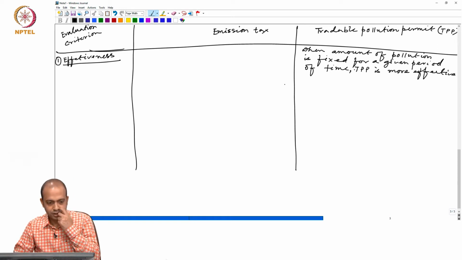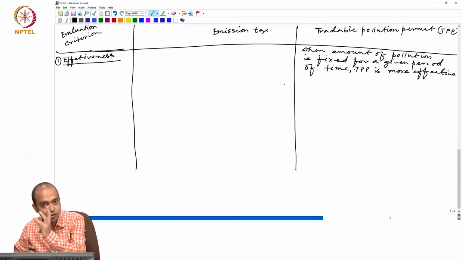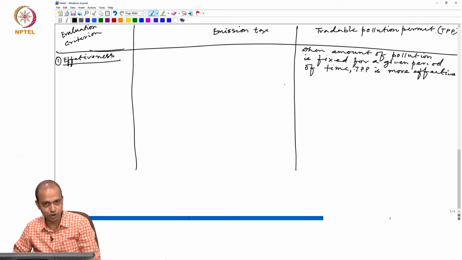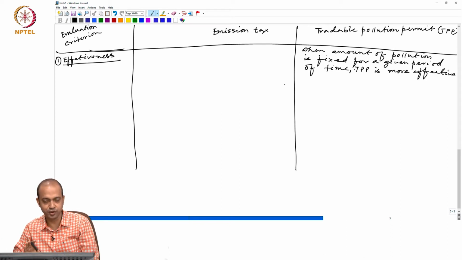So, effectiveness depends on the objective, and if we assume the policymaker's objective is to design a policy which will result in a known amount of pollution in a given period of time, then tradable pollution permit is preferred compared to emission tax, because in emission tax the policymaker does not know at the end how much pollution all the firms will actually generate.